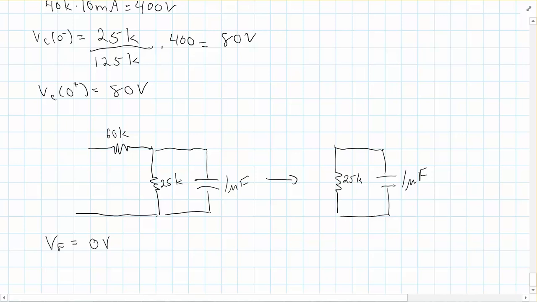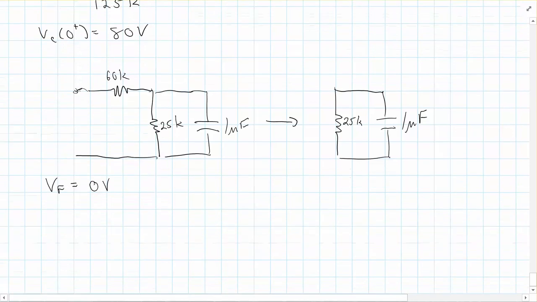But if I try and have current flowing through the 60k ohm resistor, I end up having this open circuit over here. So this 60k ohm resistor basically is not really attached to the circuit. One end of it's attached to the circuit, but the other end is attached to nothing. So you could imagine this being just in the air. Since it's not attached to anything, that really doesn't become part of the circuit.